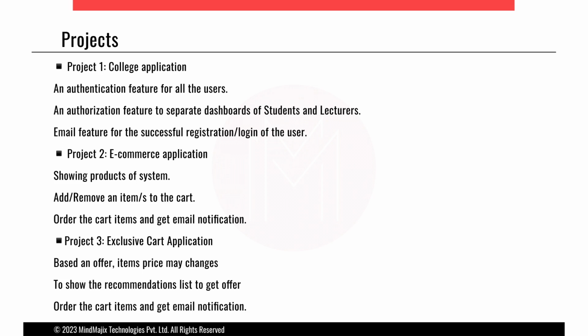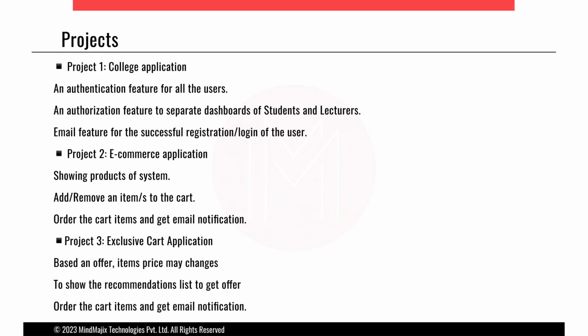Next thing is the e-commerce application. In this e-commerce application, we can show you the products of the system and also adding and removing an item to the cart. After the successful cart, we'll go for ordering the items and also getting some email notification. That is all about the second project. And the third project is very advanced compared to project 2.